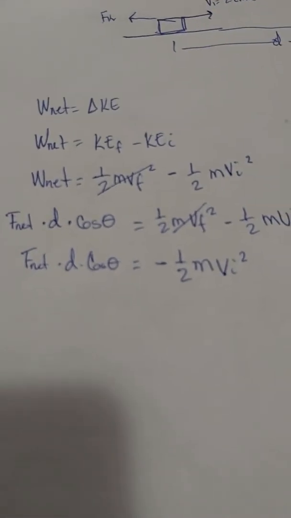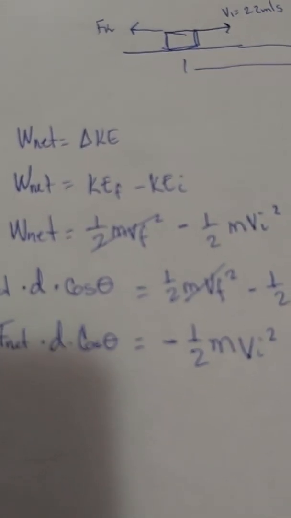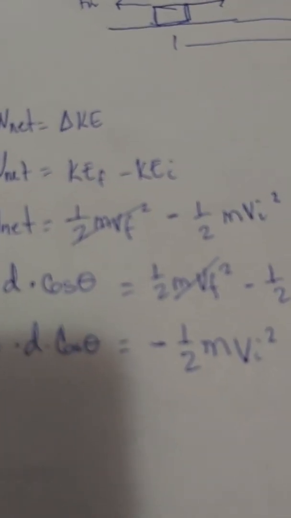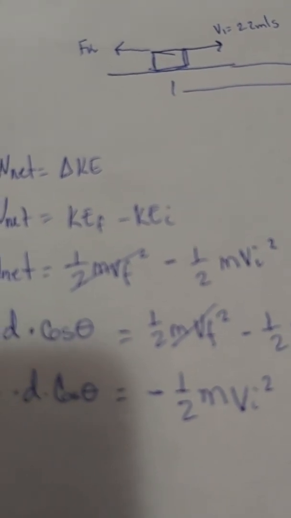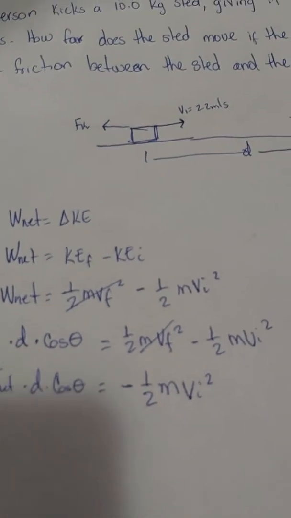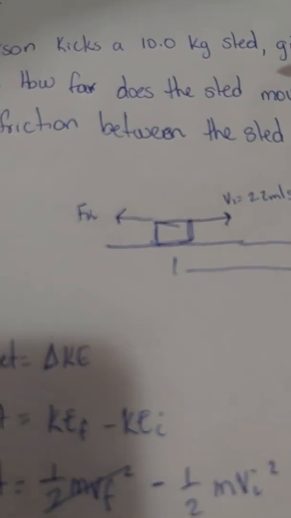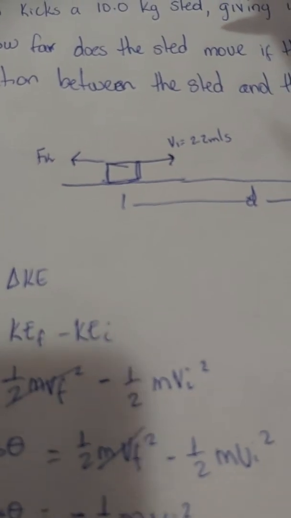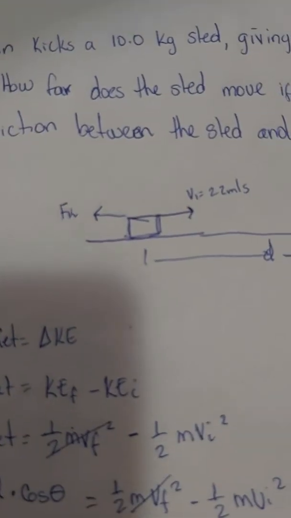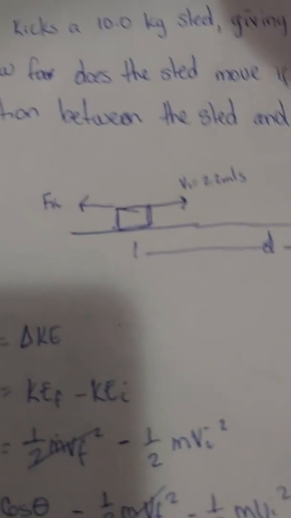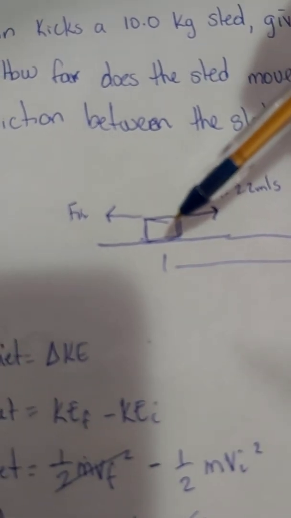Now, net force. How many forces are being applied in this system? Now let's analyze the system. Notice that the sled is not being pushed, the sled was being kicked.